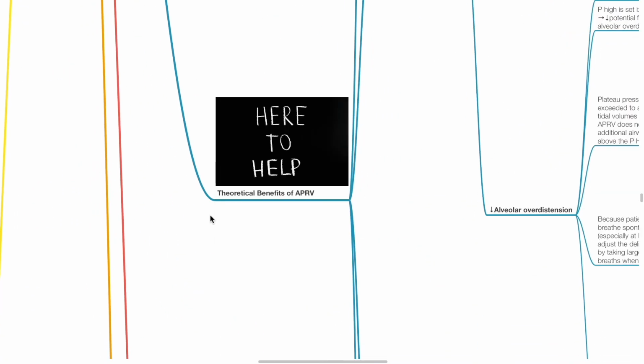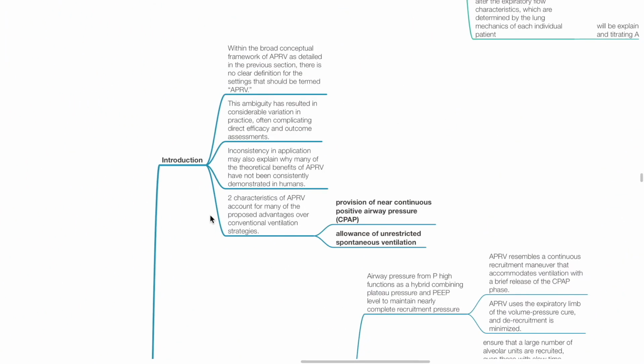Theoretical benefits of APRV. Within the broad conceptual framework of APRV as detailed in the previous section, there is no clear definition for the settings that should be termed APRV. This ambiguity has resulted in considerable variation in practice, often complicating direct efficacy and outcome assessments.